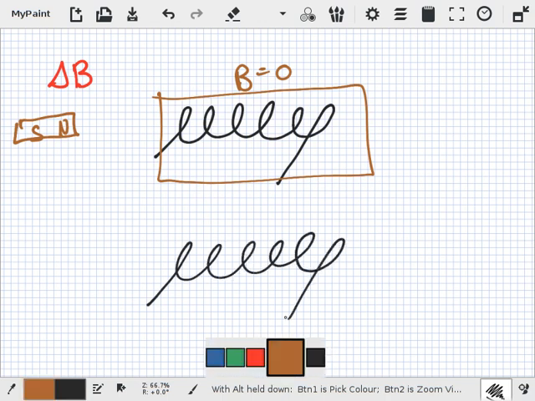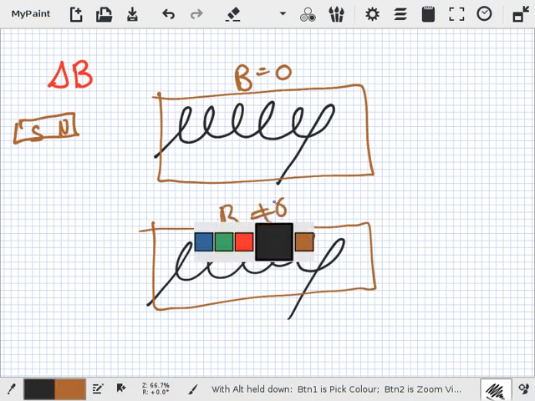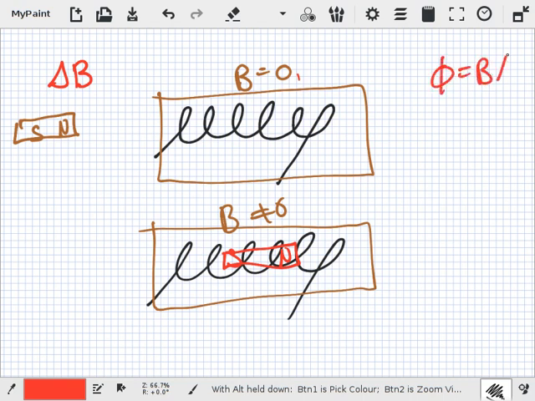Later when you look inside, the B is not 0, because maybe now the magnet is inside of it. So we went from no B to B, the magnetic flux density. We have the formula flux equals BA. In this example, it's more like NBA, because we have it wrapped around N times. Anyway, this is an example of when the B changes.